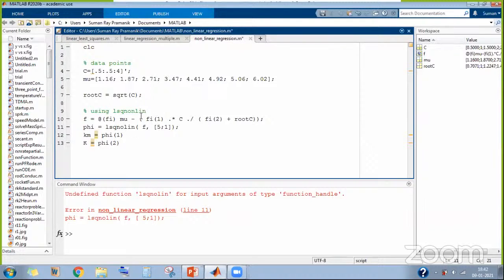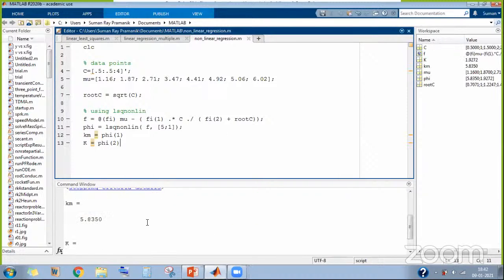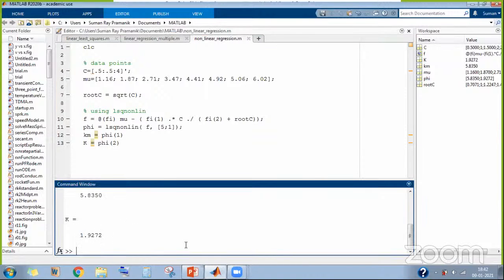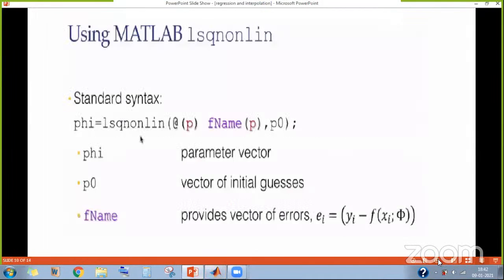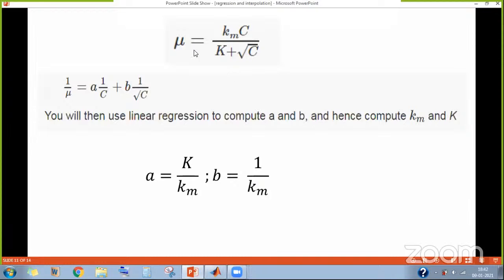Okay, I've spelled it wrong. I'm sorry for that. So after using this MATLAB function, it gives me km as 5.8350 and capital K as 1.9272.